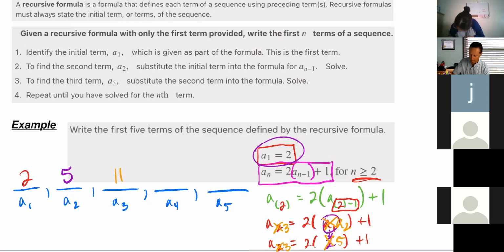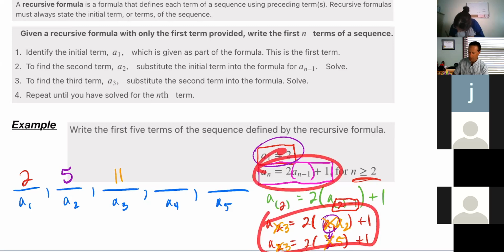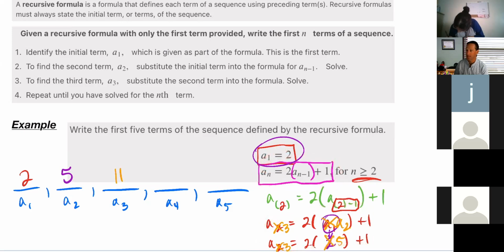Then what are we going to do with that? Double it. Now that I know the pattern, I'm just going to do it. I'm not going to sit here and keep plugging in all these n's. That's a waste of my time. I want to know the pattern, which they told us what it is. Take the term before the one you're trying to find and double it, and then add 1. So now I'll double this, which is what?